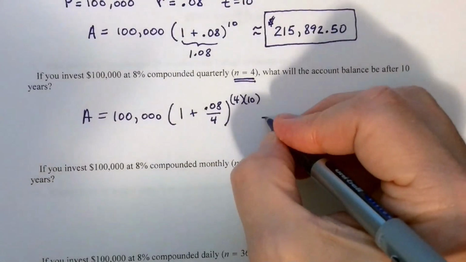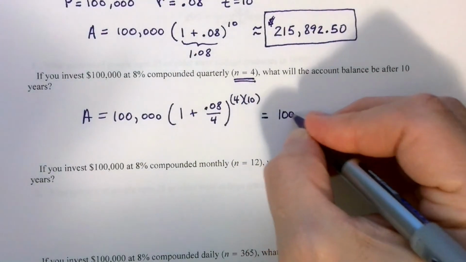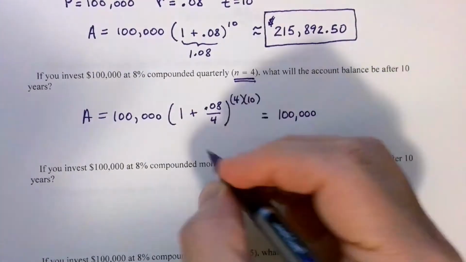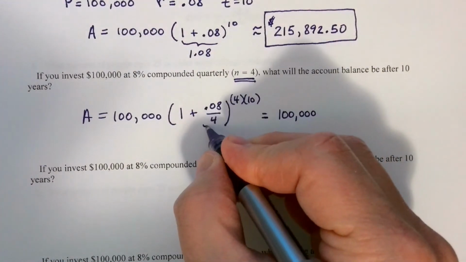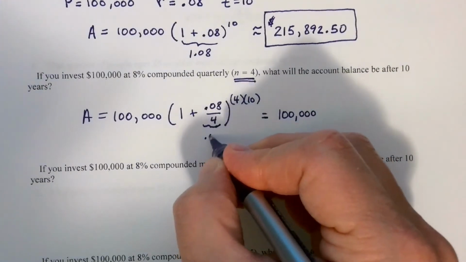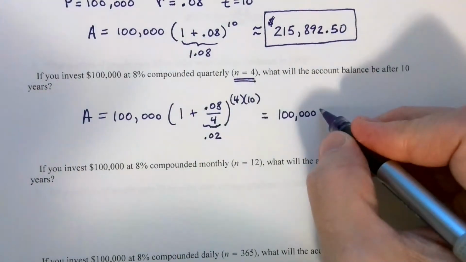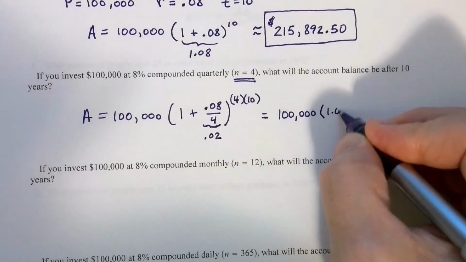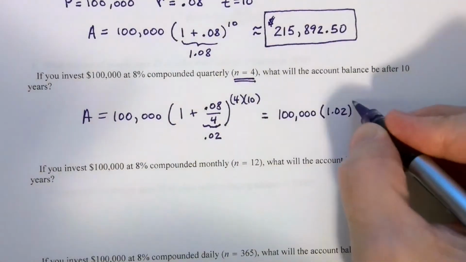I can actually simplify this in this case. 0.08 divided by 4 is 0.02, so in here this is 1.02. 4 times 10 is 40.